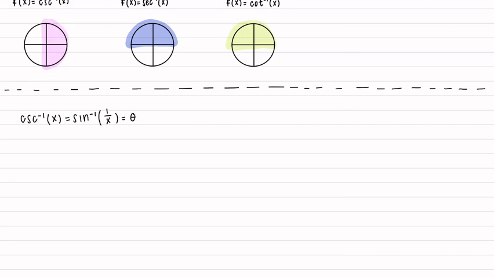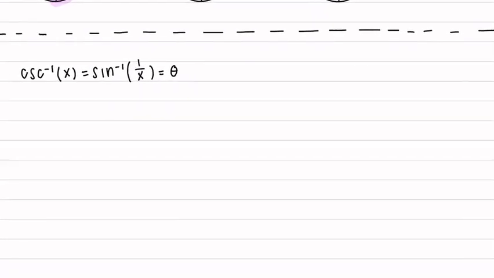Okay, so I don't know if I explained that very well just a second ago, but hopefully you can see that now. We take the reciprocal of that input. Okay, and then we can work down the list. Inverse secant of x is equal to inverse cosine of 1 over x, and that would equal theta.